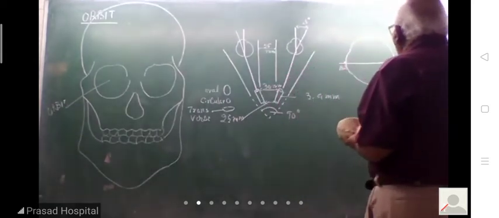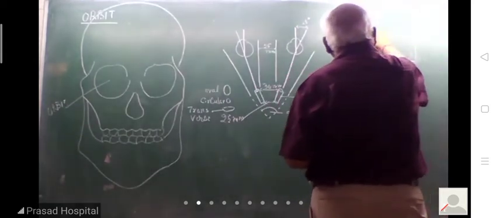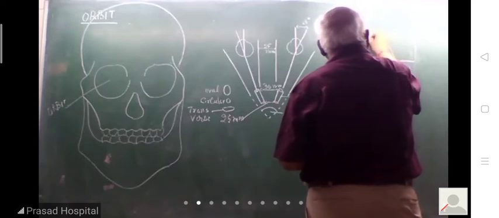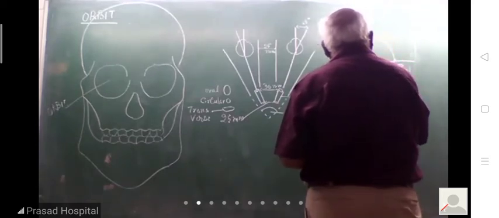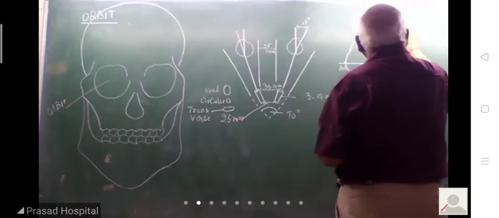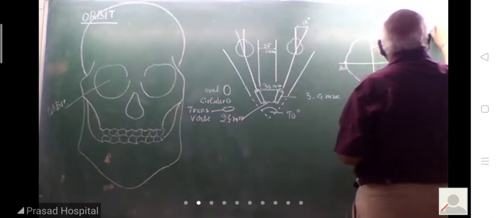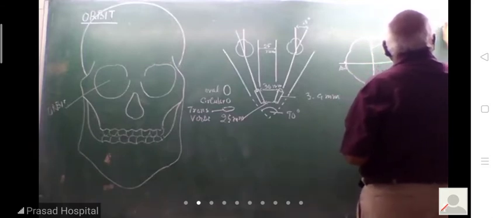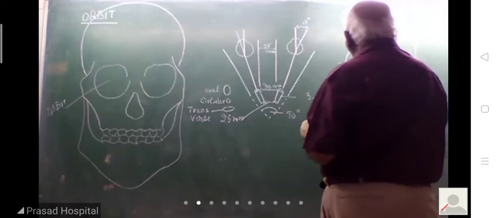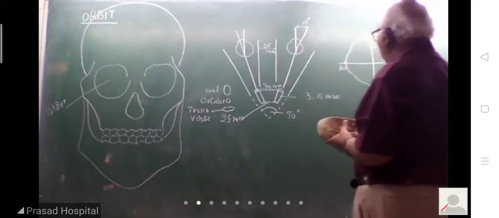Running across the middle, there is an equator of the eyeball. This equator divides the eyeball into an anterior portion and a posterior portion.